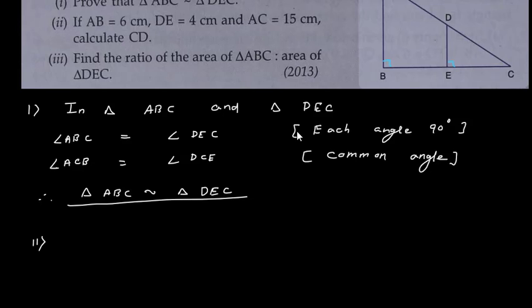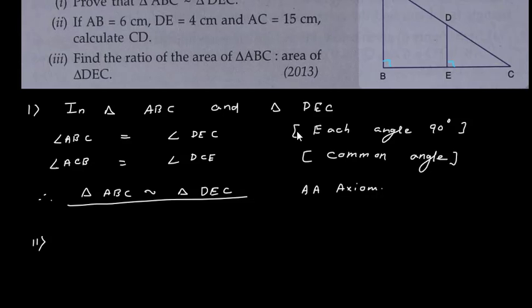Now the second part is that if AB is 6, DE is 4 and AC is 15. As these two triangles are similar, here it is by AA axiom.